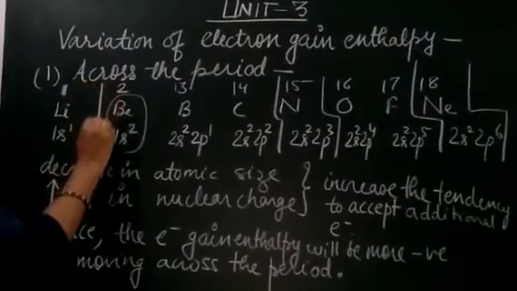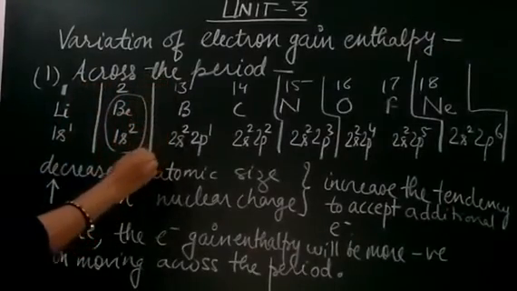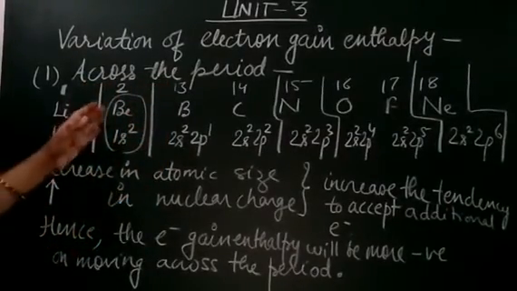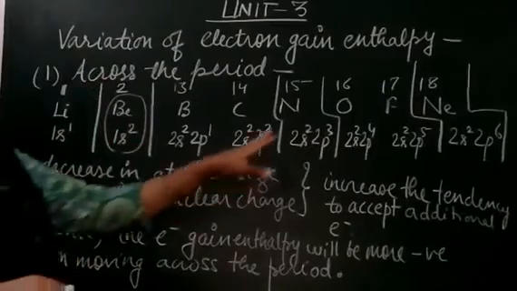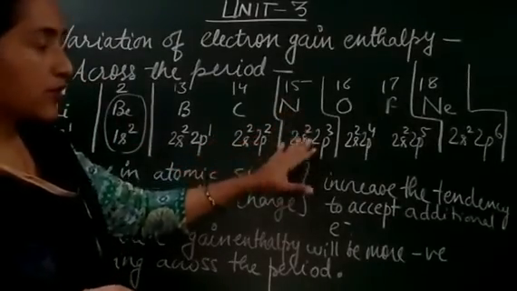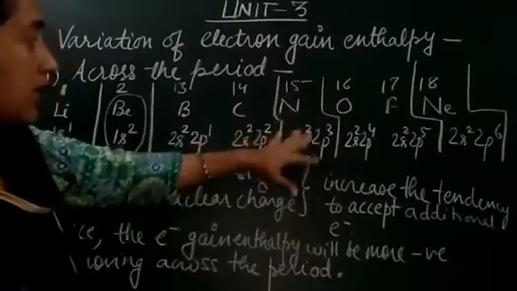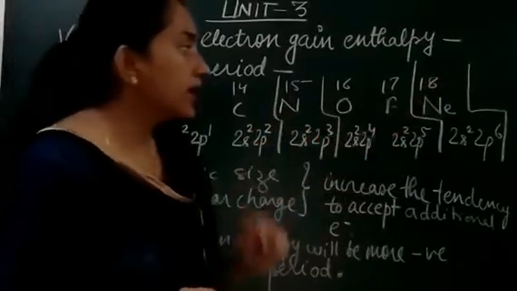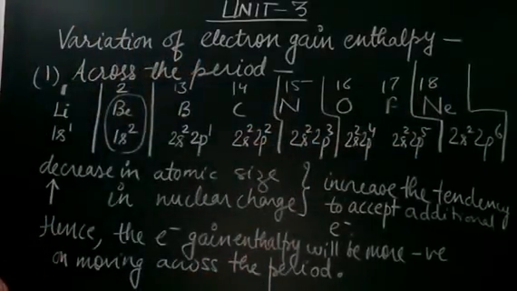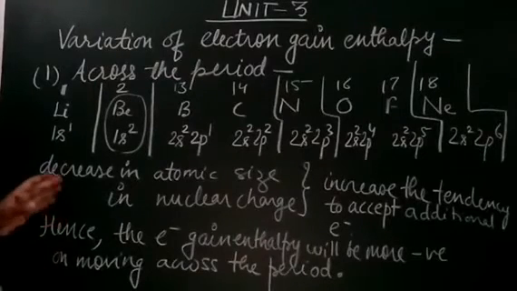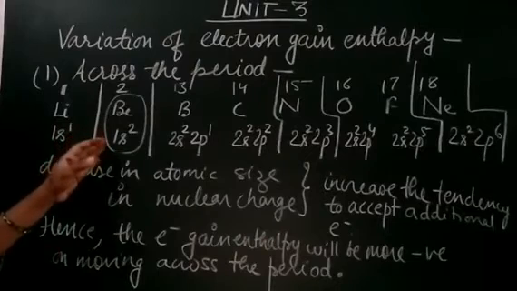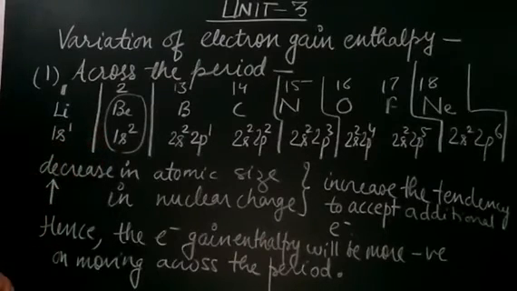This is group 2 element section, not only beryllium but all the group 2 elements. Similarly, group 15 elements: nitrogen, phosphorus, arsenic, antimony, bismuth. In the same way group 18, they are going to show a different behavior here. So they will be having the positive electron gain enthalpy.